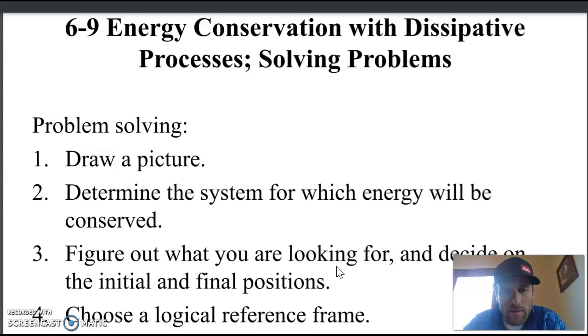Let's say that we have an initial kinetic energy, an object on level ground, and the object rolls and comes to a stop, like we know is going to happen. So in that case, energy is not conserved. We're going to think about this dissipative process where work is removing energy from the system.